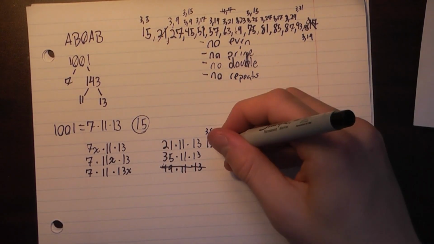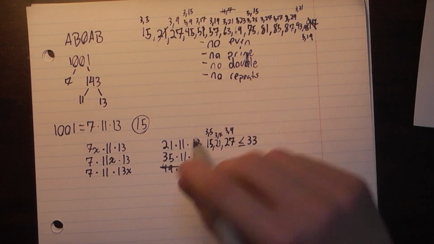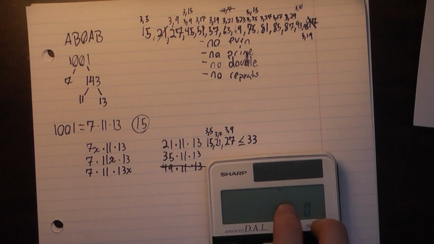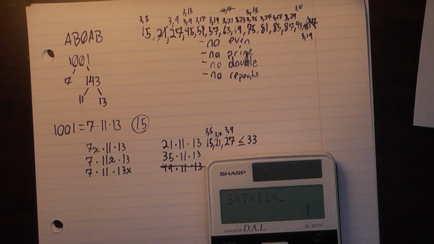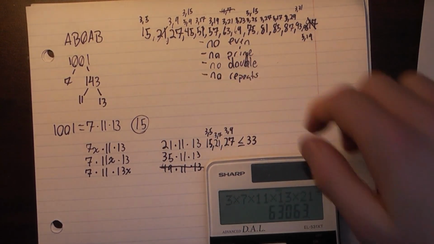You might be wondering, hey, we can use 21 now, because it's 3 times 7 and we completely eliminated our 7. And yes, that is correct. But if you notice on the calculator, we do 3 times 7 times 11 times 13 times 21. It works. That's what this equation would be.